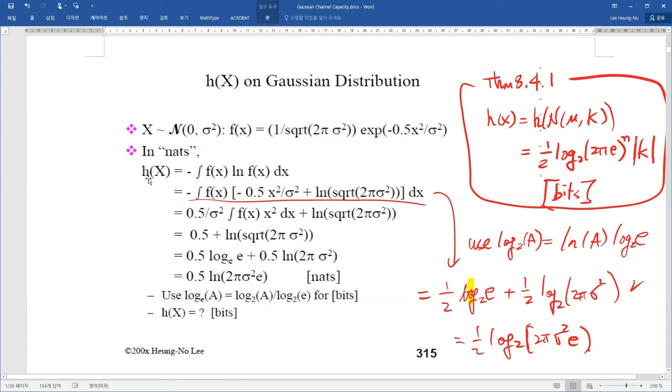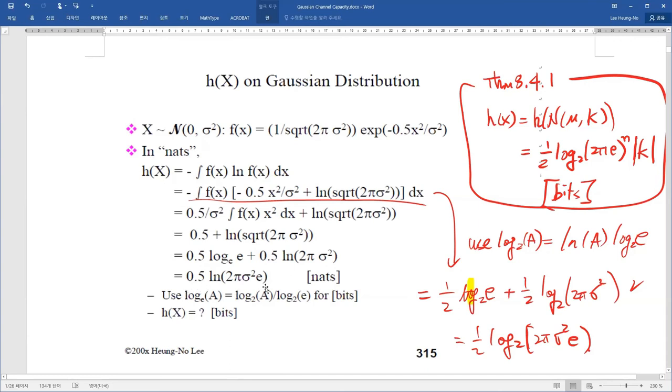And we can calculate the entropy in nats first, and then we can do the entropy in bits as well. All you have to do is use log base 2 in this definition, and it will turn out that the expression comes out the same.